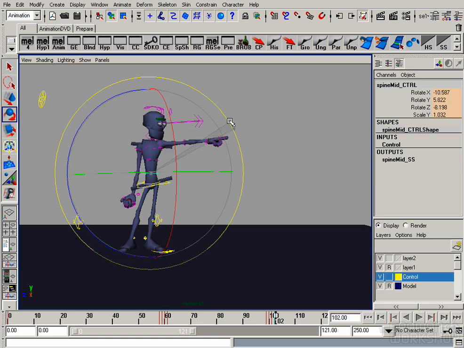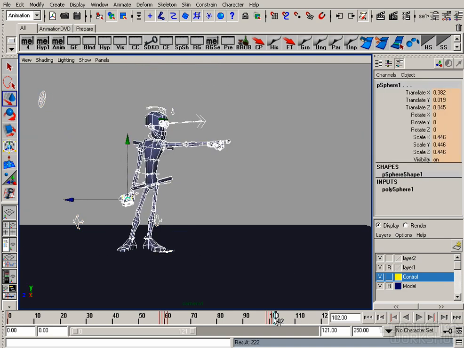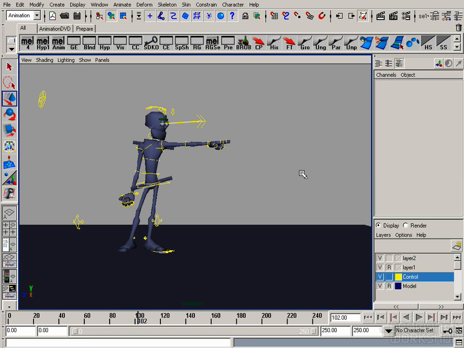I work with IK if the weight is put on the hand, like if you get up from a table and you use your hands to push your body up, then I would use the IK.